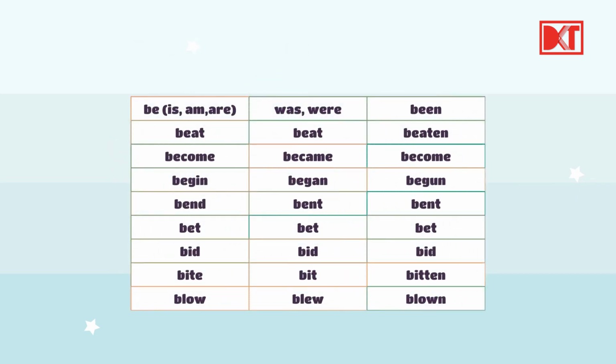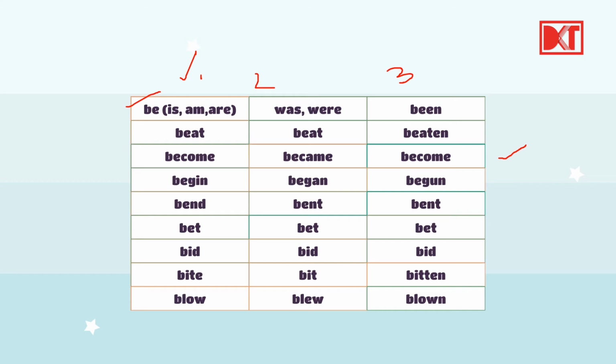Okay, here we have V1, V2 and V3. For the verb to be, the second form, the past simple, is was or were, and for perfect is been. Then beat, beat, beaten. Become, became, become.